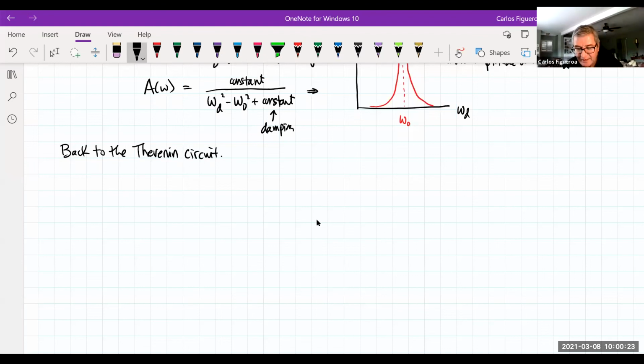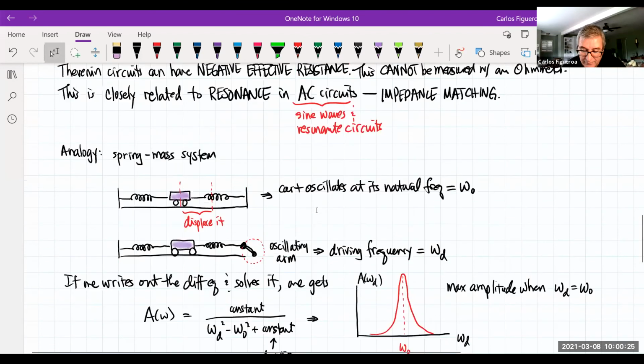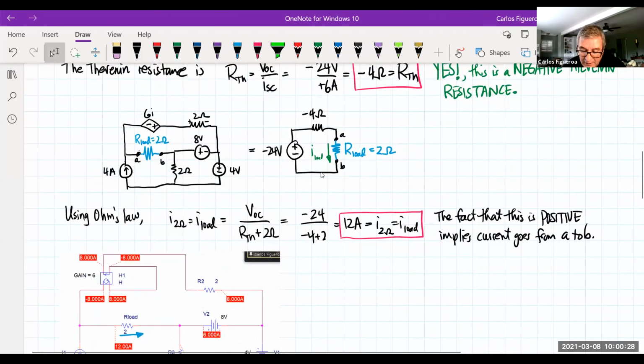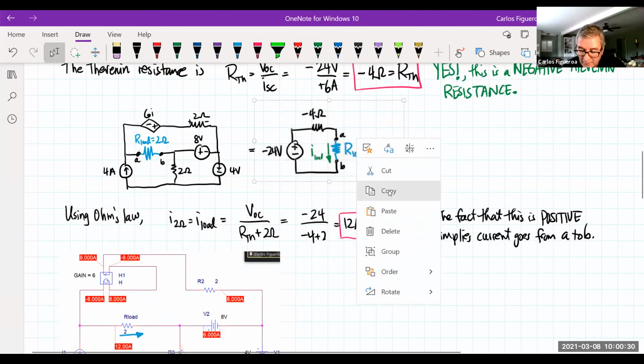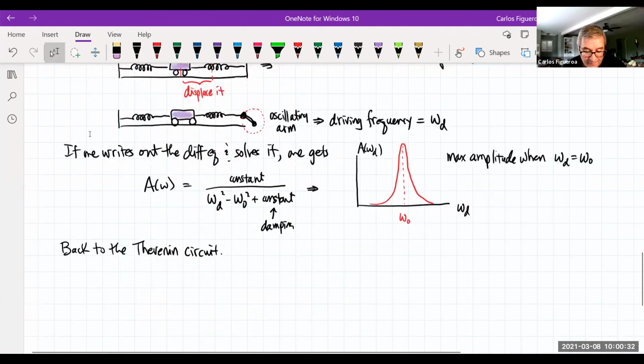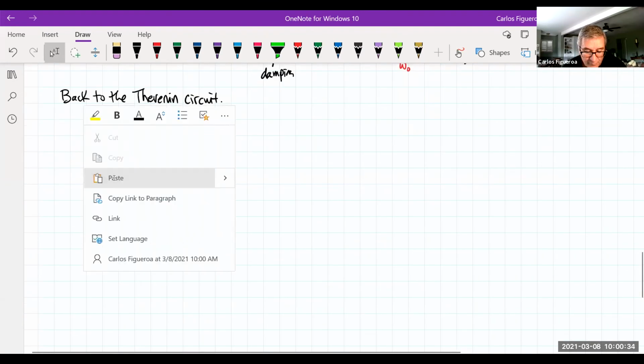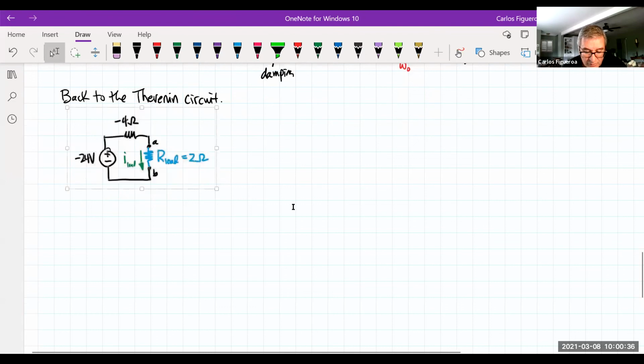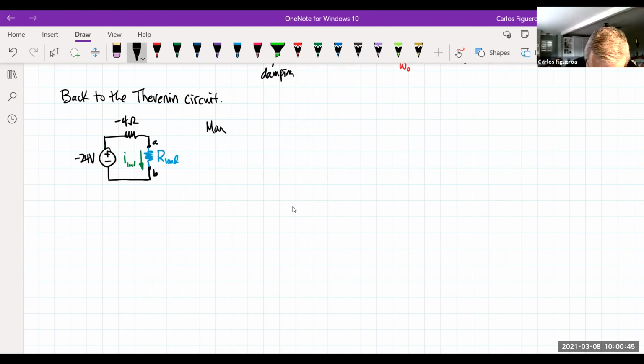You would think that if I take my Thevenin circuit over here, which I'm going to bring down with me, and this time I'm just going to call that R load, you would have max current if R load is equal to 0.